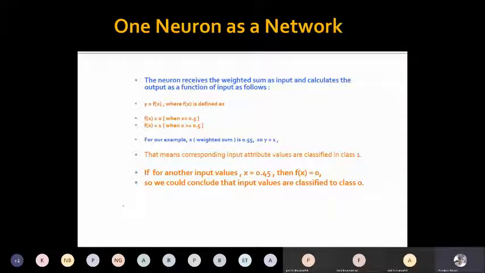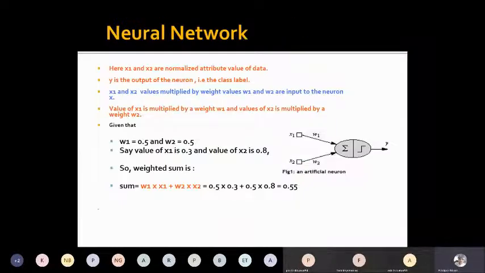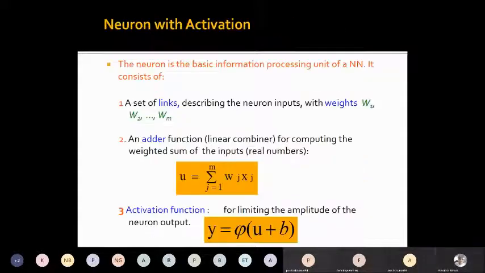If for another input value x equals 0.45, then f(x) equals 0. Up to that, this is simple. And this way I can use a single neuron without any neural network as a classifier as well as a regression example.